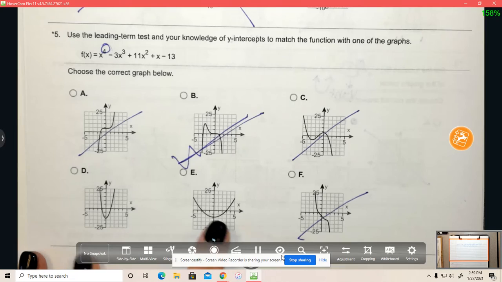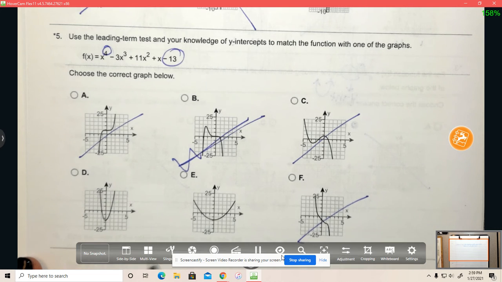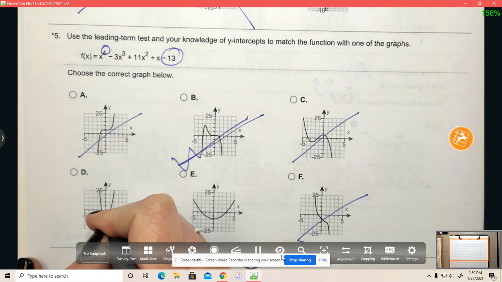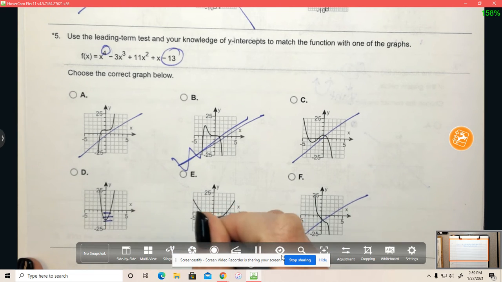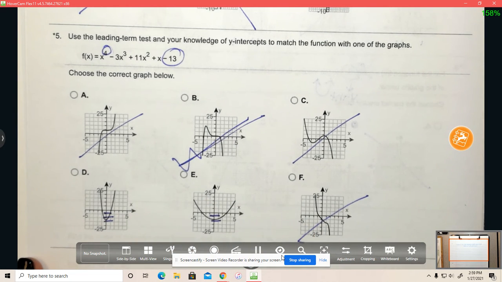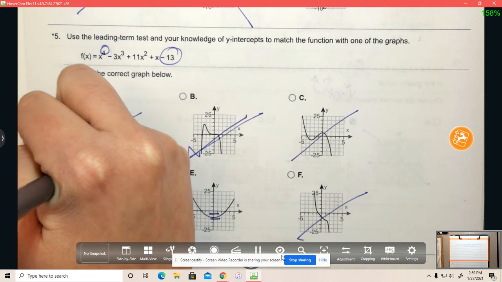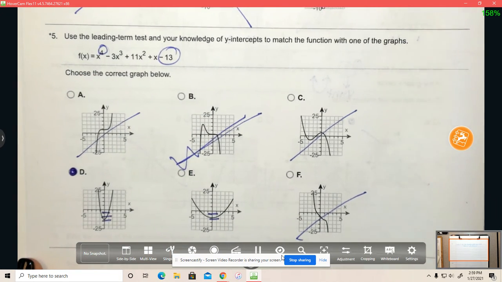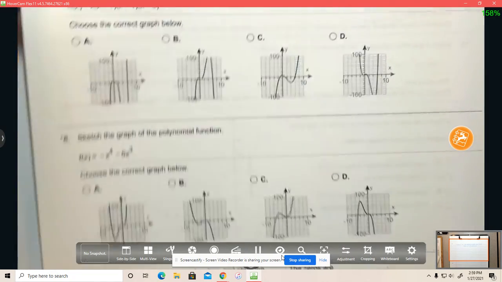Okay, so that leaves us with these two options. Then you can go by the y-intercept, so that's -13. This one's going by 5, so -5, -10, -15. So which one looks like it's probably at -13? D. And I said I wasn't going to go over that one, but I did anyway. So that's fine. All right.